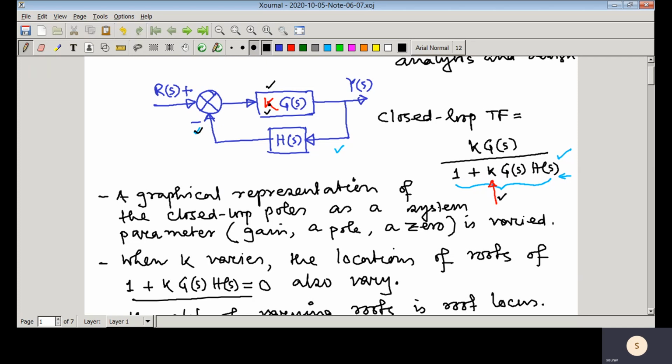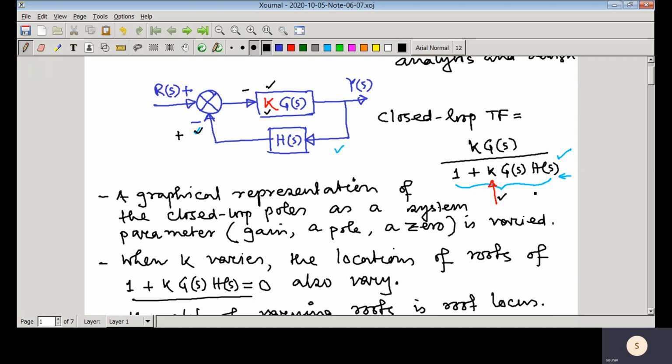If K is negative, varying from minus infinity to 0, and we put a negative sign here, we can say it would be positive feedback, just to keep the same characteristic equation.